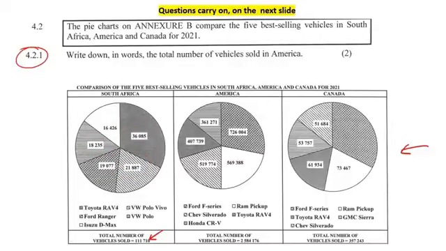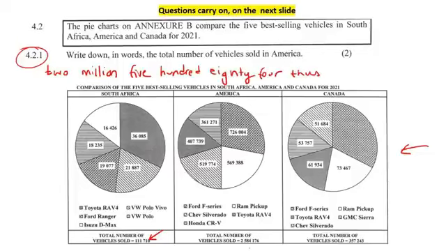So, first question. Write down in words the total number of vehicles sold in America. So that's this one. Okay, so that is a big number. Write down in words. My goodness, okay. We all have 6 hours to do this. So, 2,584,000. So, 2,584,000 176.